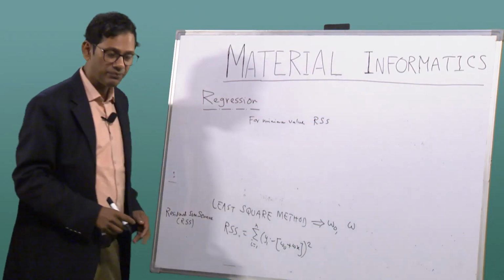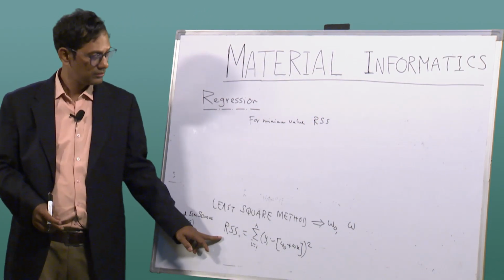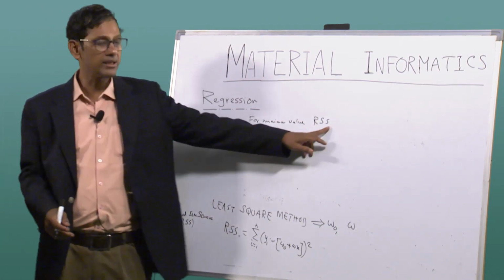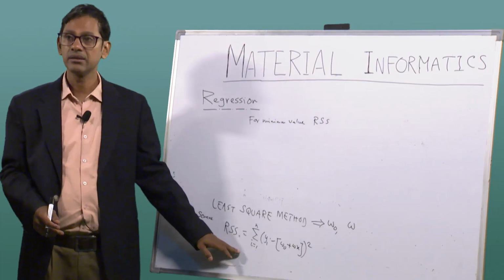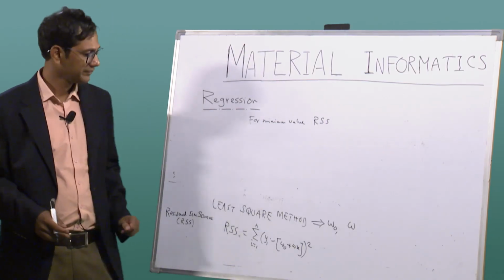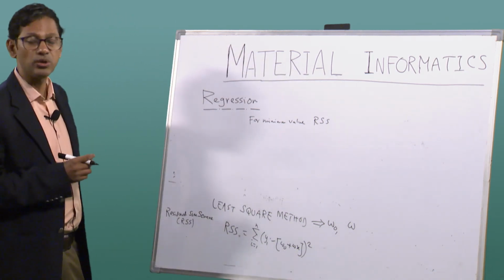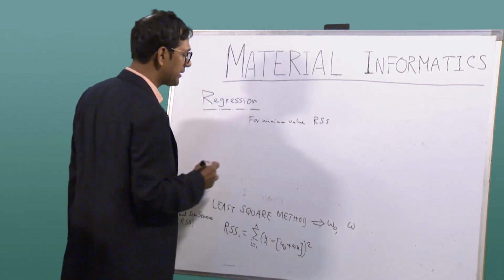If you look carefully, RSS is nothing but error. So, by minimizing RSS, we are minimizing the error. That is why it is called the least square method. This is a square, and we will find out the least value of that, which is nothing but minimized RSS.